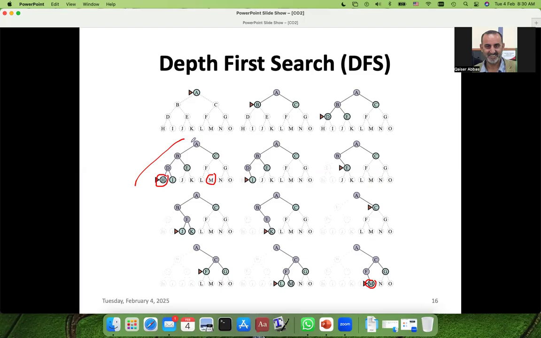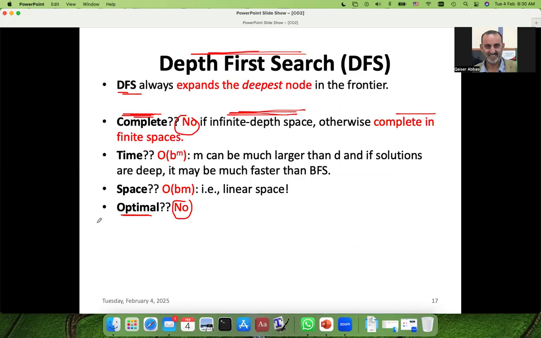But when depth first search executes, it will reach here first. And when it reaches here first, it will give you the solution and go out of the algorithm, even though we know that the other is the optimal solution. So that is the reason we are not saying that DFS is an optimal algorithm. No, it is not optimal.